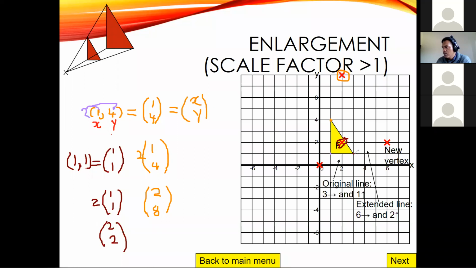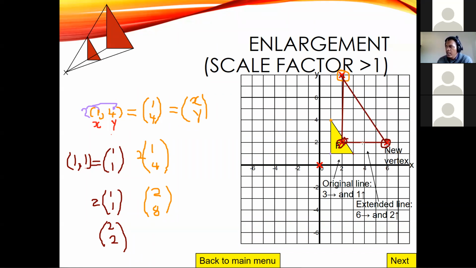So 3 times 2 is 6 over here, and 1 times 2 is 2. That is the point that we have. Once you have those 3 points that you have enlarged, the next thing is to join all 3 points together, and then you will have your enlarged shape.